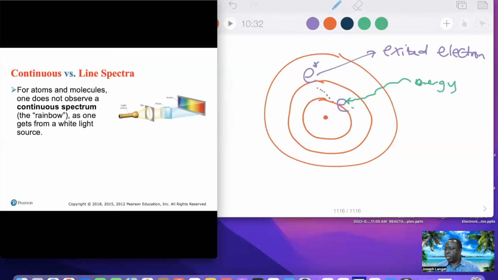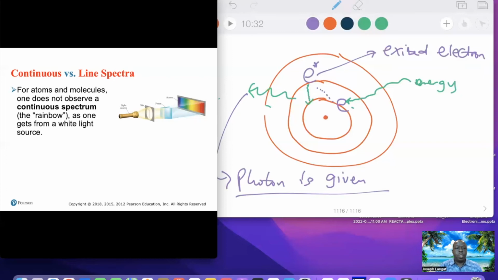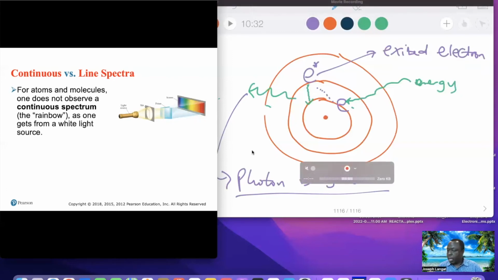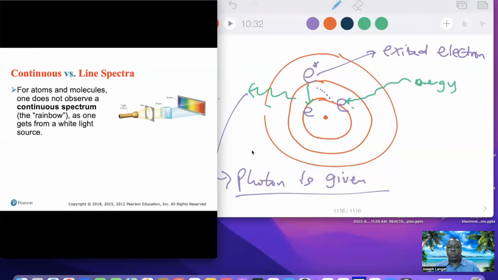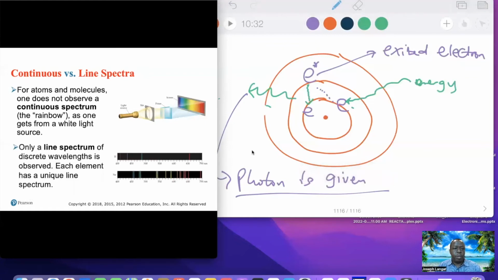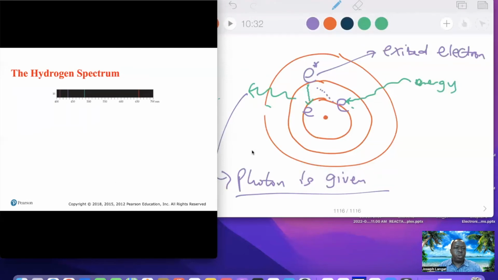It interacts with the electron, it gets excited, it goes up, and then when it drops, depending on where it's dropping, light, or rather a photon, is given up, and depending on the wavelength of that photon, you will see it as a different line. The electron is coming back to where it was, a photon is given off, and depending on which energy level it is dropping from, we see these lines.